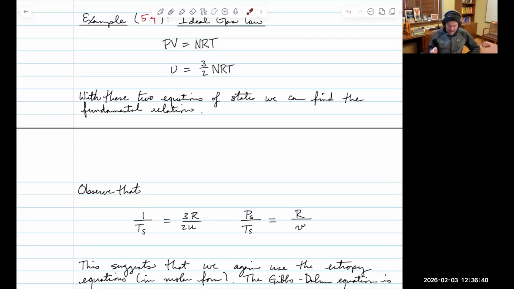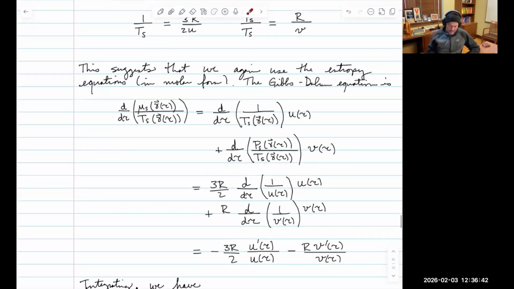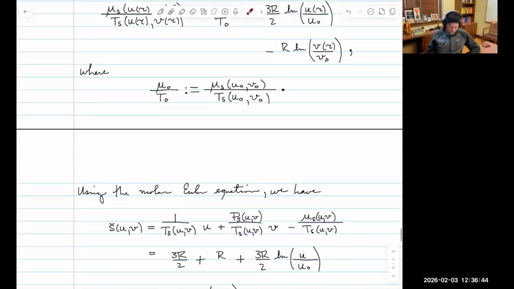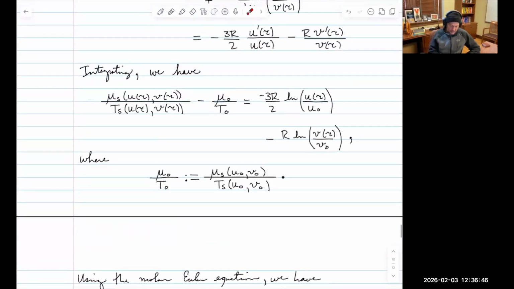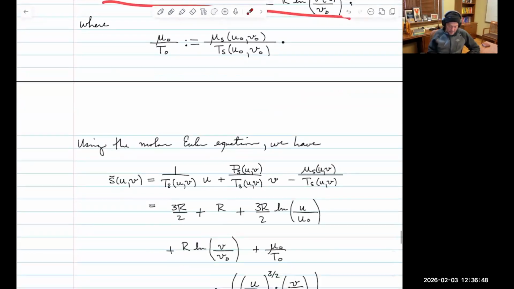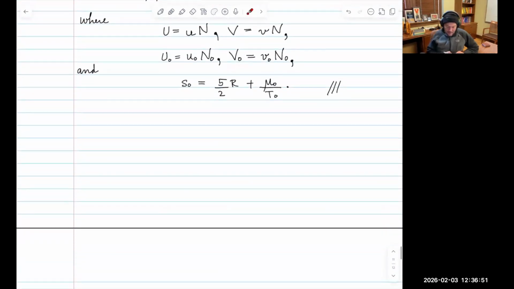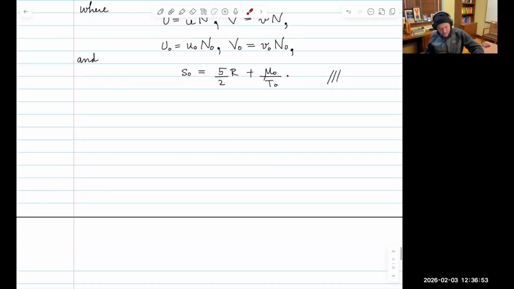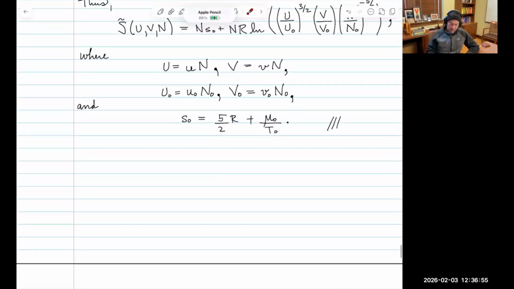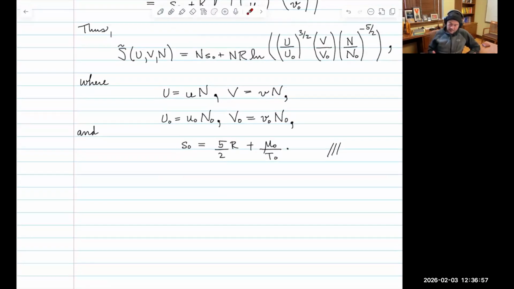But in addition to that, you're also going to get an expression for the chemical potential, which we found was here. So I had two or three examples where I'm showing you how to use the molar Euler equations and the molar Gibbs-Duhem equations to start from equations of state and get back to the fundamental relation, even if I'm missing one of the equations of state.